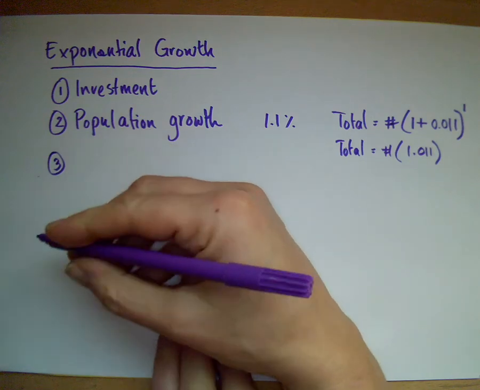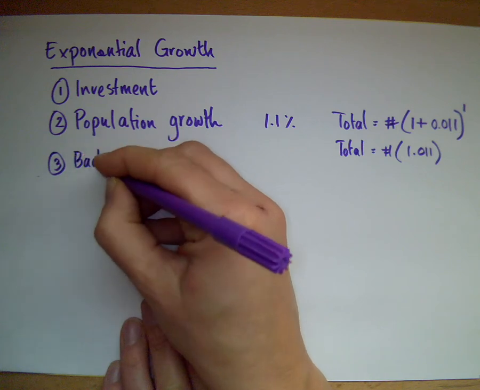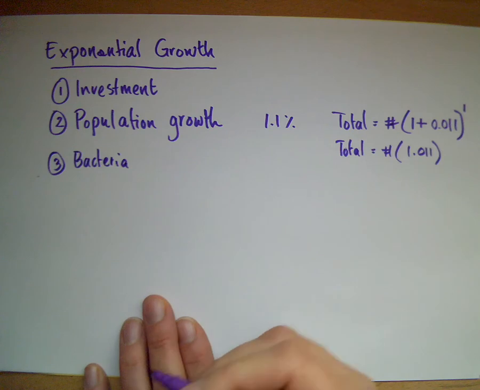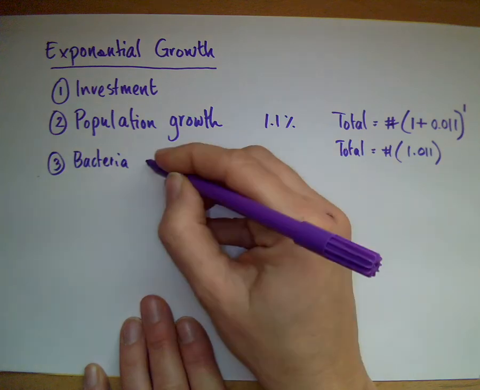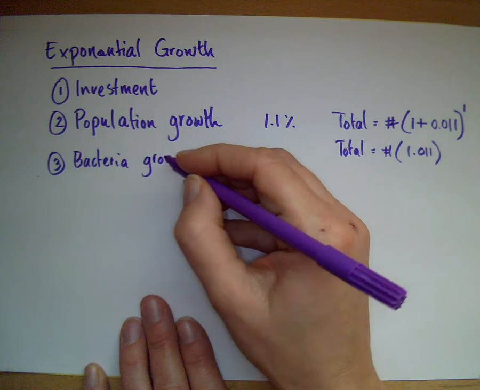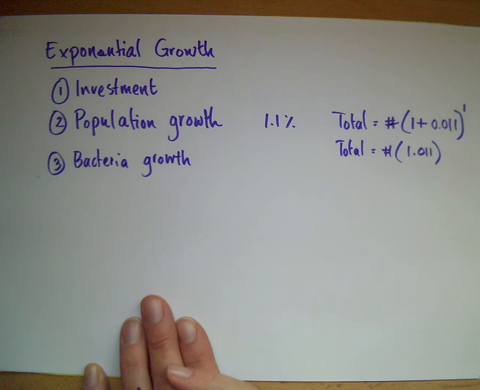Another thing that grows exponentially is bacteria. This makes so much sense. It's really the same as population growth, right? Bacteria multiply just like people do, only bacteria do it faster.